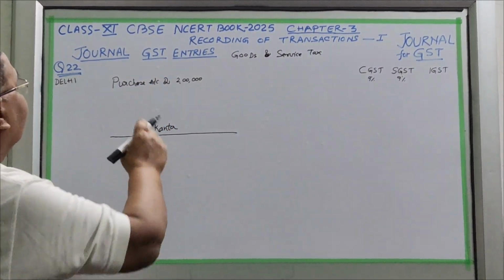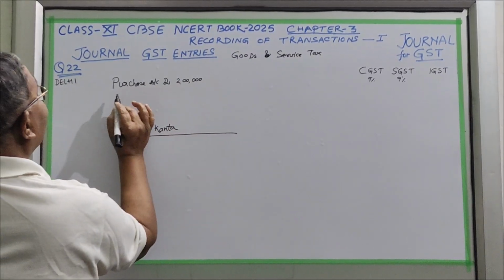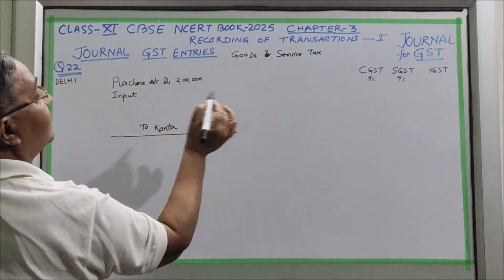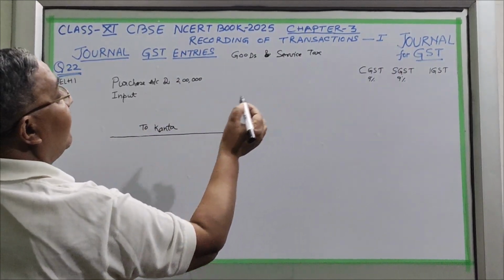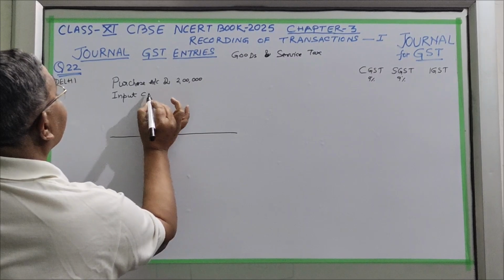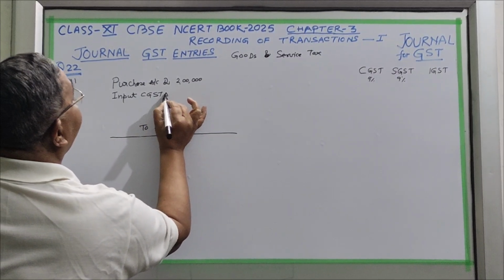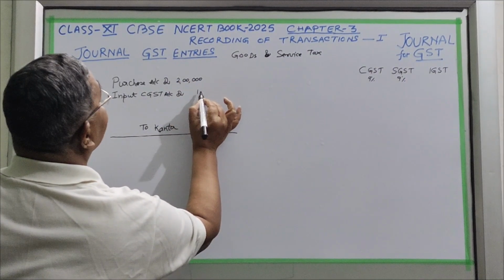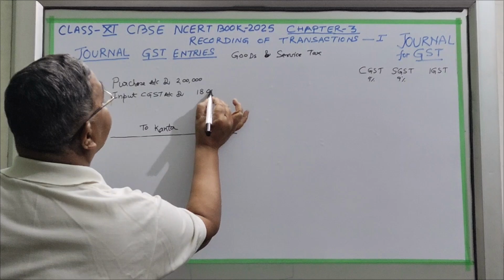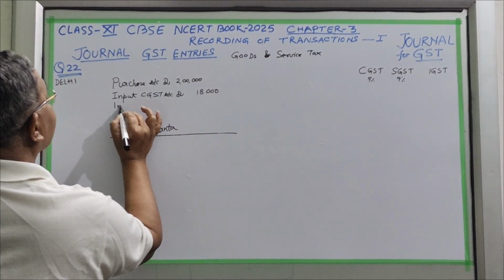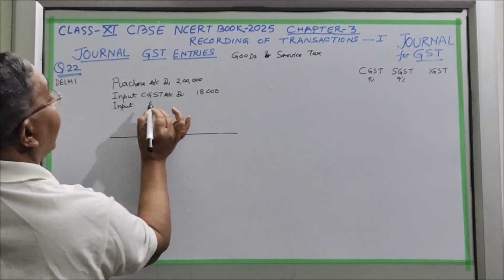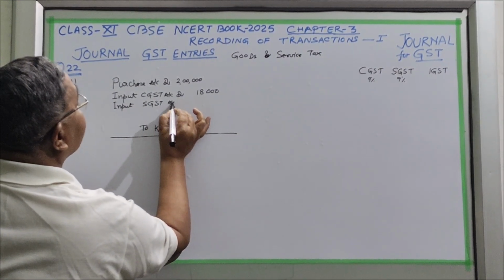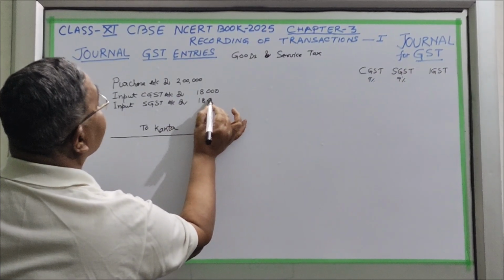When we purchase something, we have input CGST account debit, 9% of this amount, 18,000, and input SGST account debit 18,000.